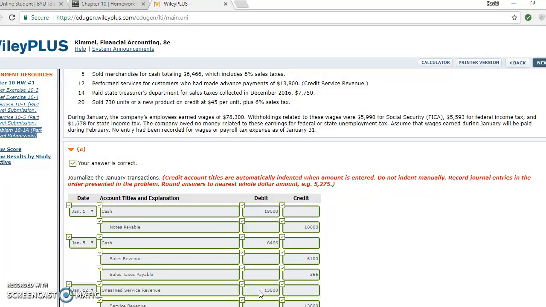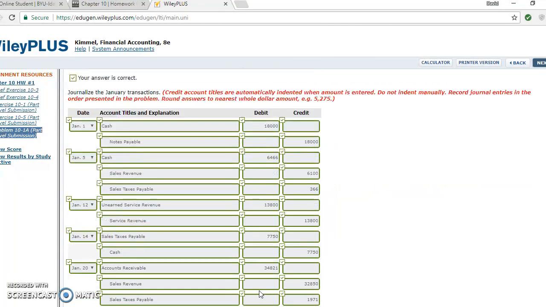And January 14th, paid the State Treasurer's Department for sales taxes collected in December of $7,750. So again, enter the date and the sales tax. This is where they're just collecting it for the government, and debit $7,750 and then credit cash for $7,750.